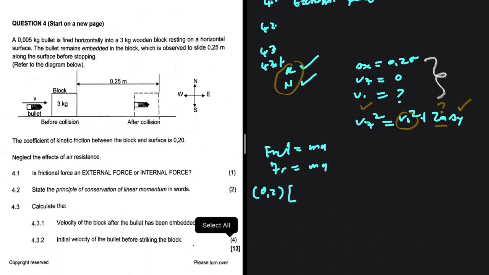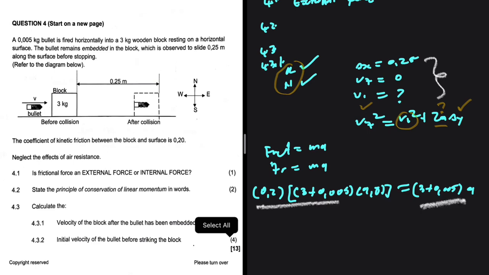The bullet is embedded in the block, so we have 3 plus 0.005 multiplied by 9.8, which equals the mass, again 3 plus 0.005, multiplied by the acceleration. It is pretty obvious what we need to do now.